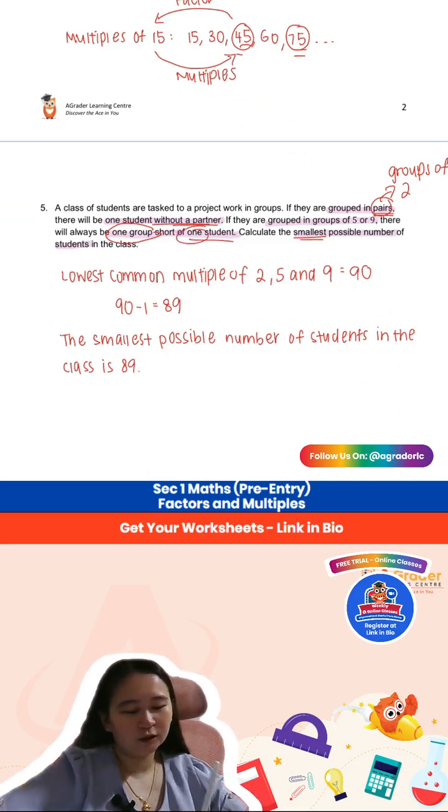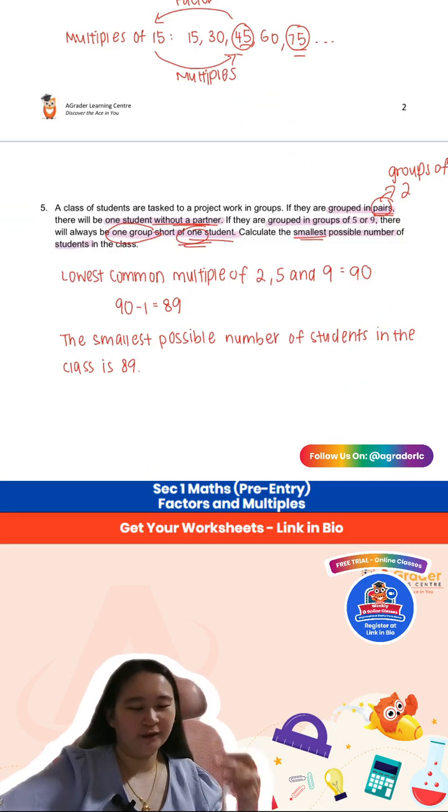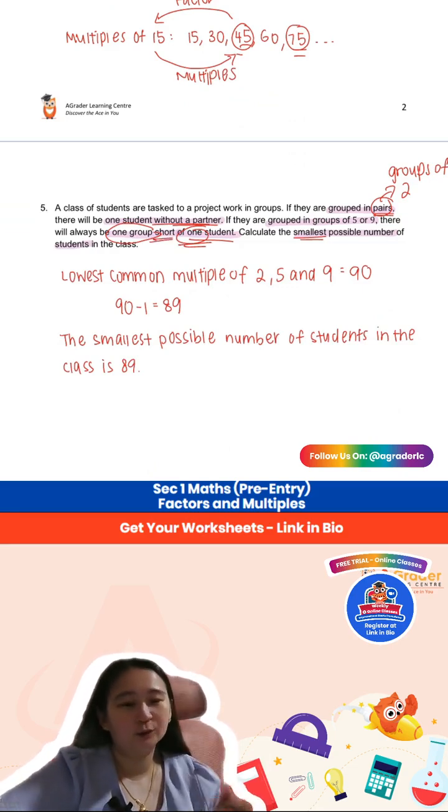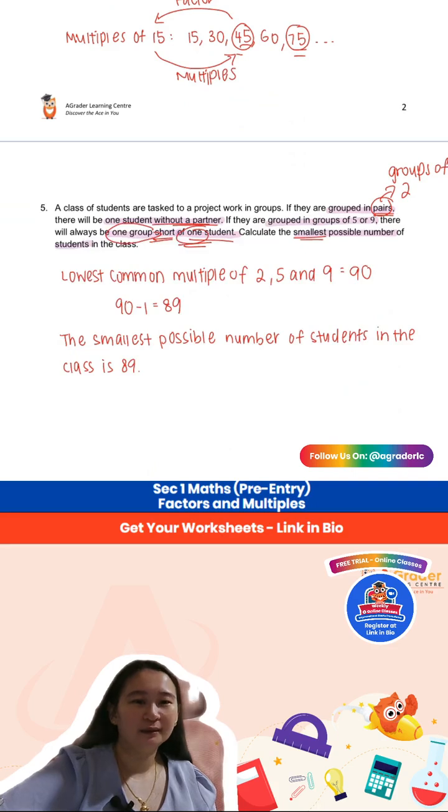Because there's always short of one student. If it's in multiples of 2, multiples of 5, or multiples of 9, there's short of one student. That's why you have to minus 1. Can?